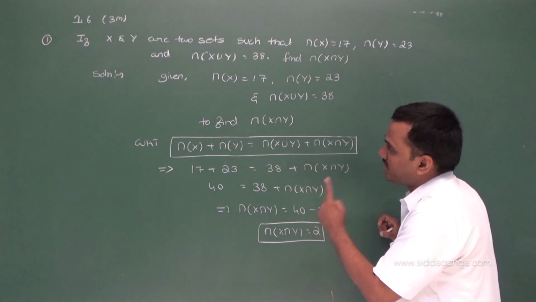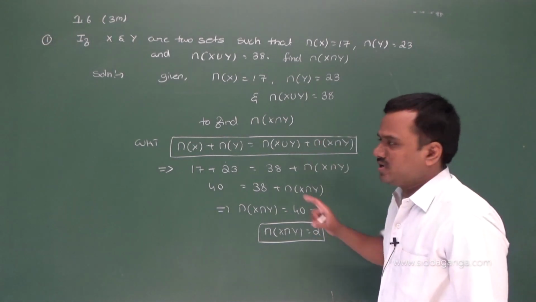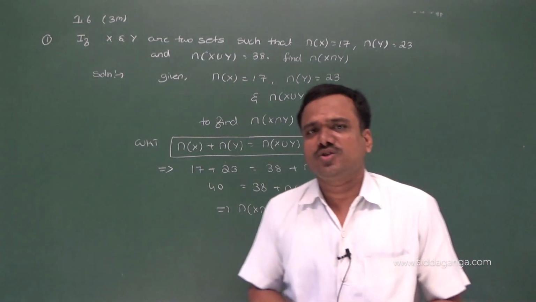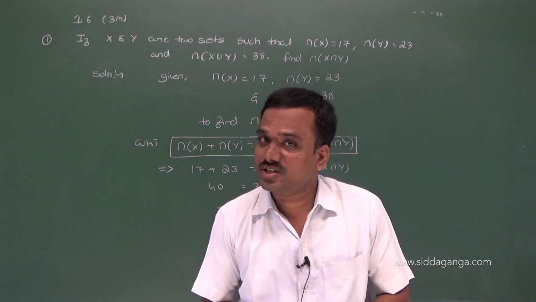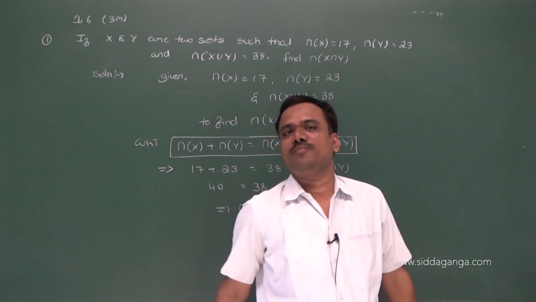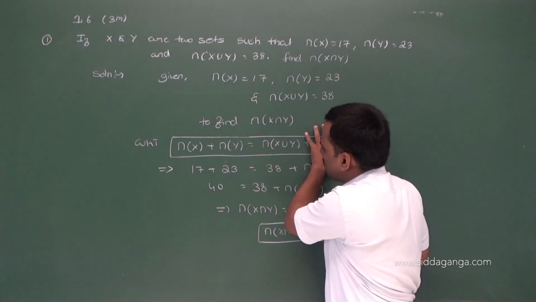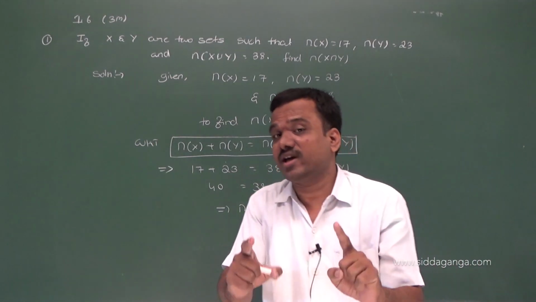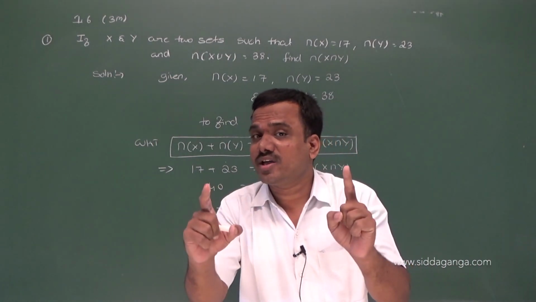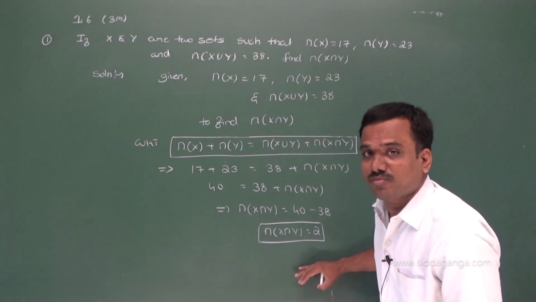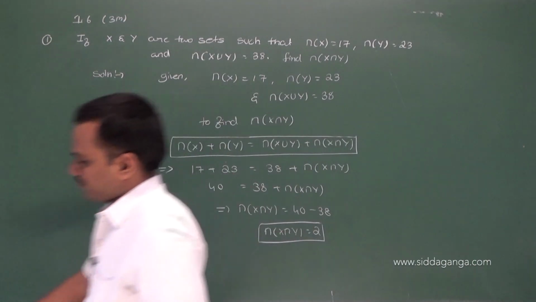Very important formula. Second formula, n of X plus n of Y is equal to n of X union Y only when X and Y are disjoint sets. Understand the problem? Next problem.